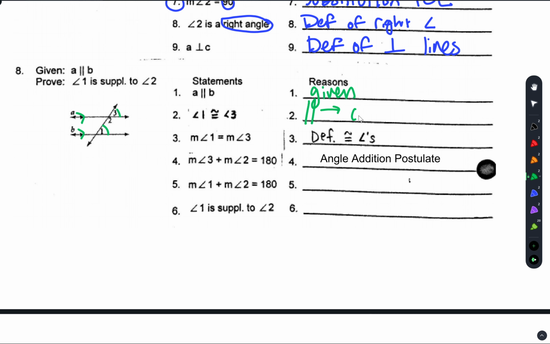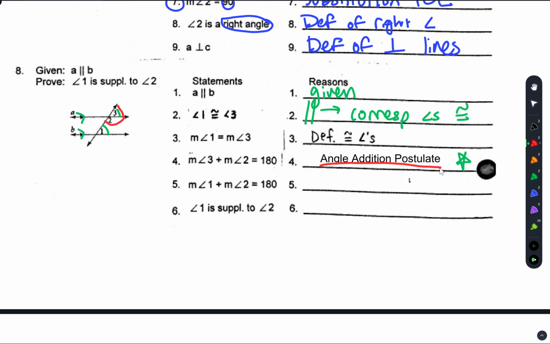Parallel lines imply corresponding angles are congruent. We change that congruent symbol to an equal sign in step 3. Step 4 is one of those sneaky ones. 2 and 3 form a linear pair, so they can add together to make 180 by the angle addition postulate. That'll be on your homework.